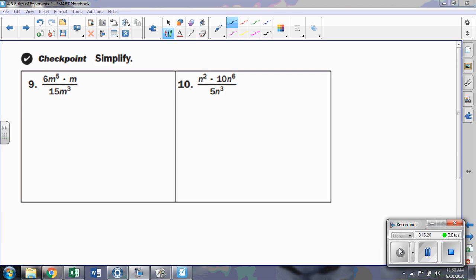Alright, so let's finish these two out. Look at our numbers. What does 6 over 15 simplify down to? Well, if we divide out by 3, that gives us 2 over 5.